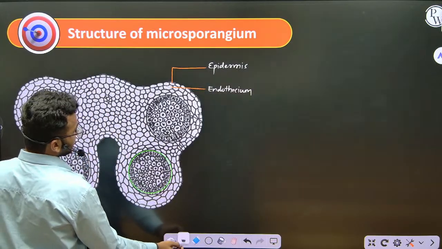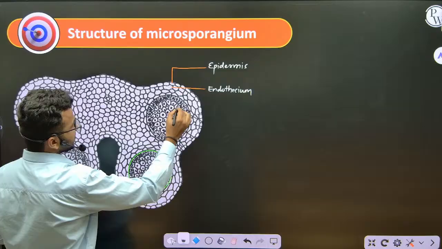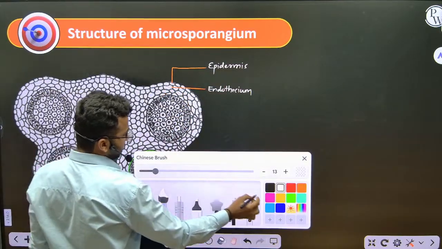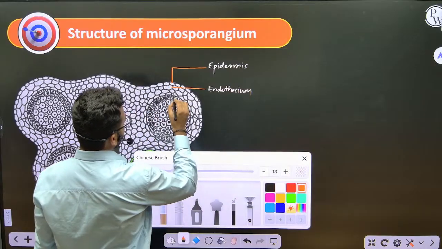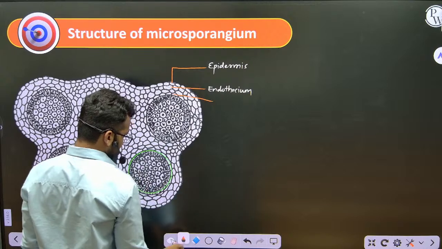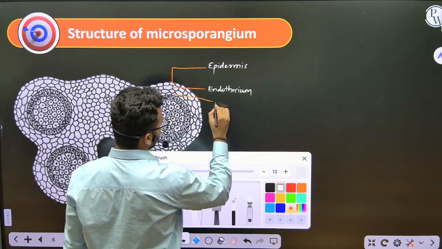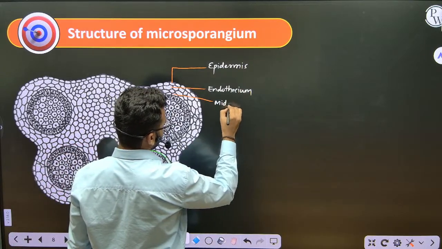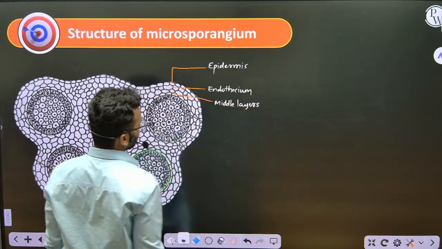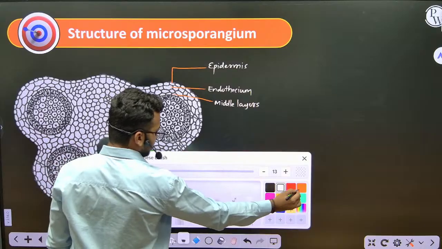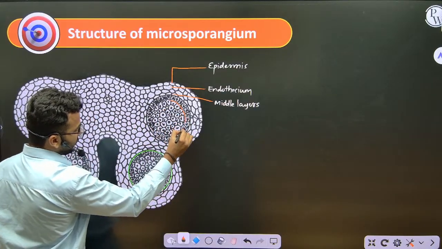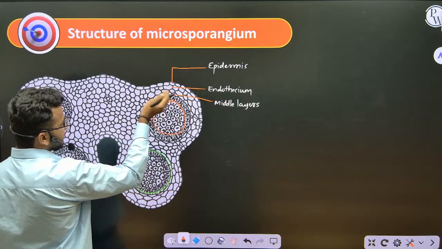Next to endothecium, you will be seeing several layers, which we call the middle layers. And next to that you can see there is a difference between this group of cells and the surrounding cells.